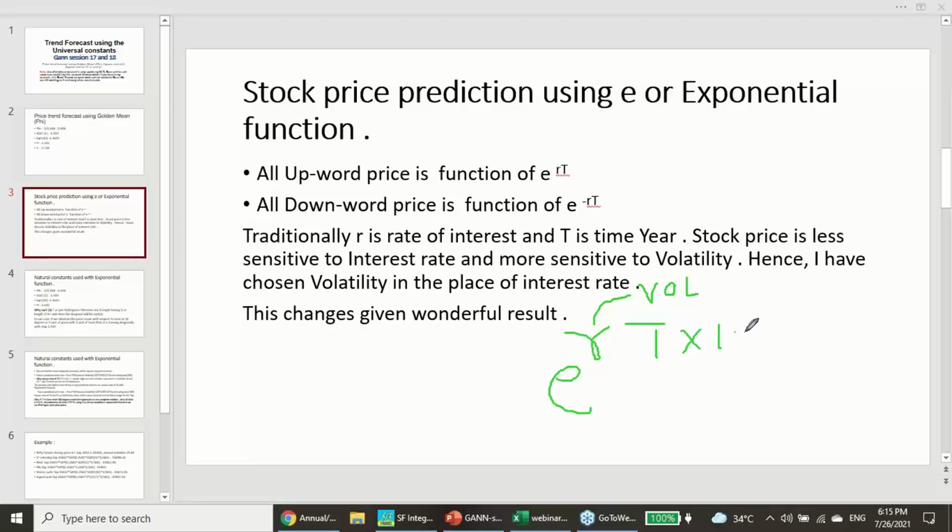So how can I utilize this? The Fibonacci phi constant 1.618, I am just multiplying with this. Volatility multiplied with this, multiplied with time, and the price at which the stock is trading will also be multiplied with this variable, and we see what kind of result we get.